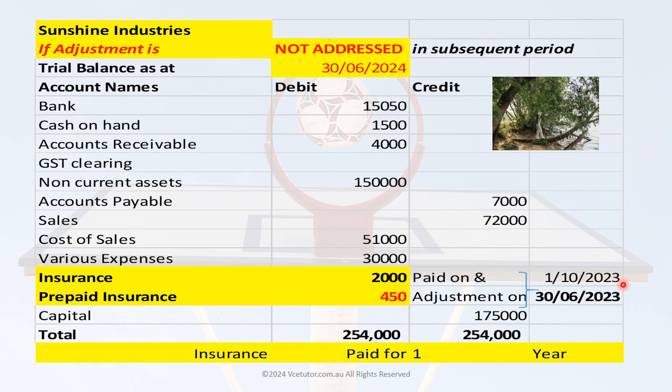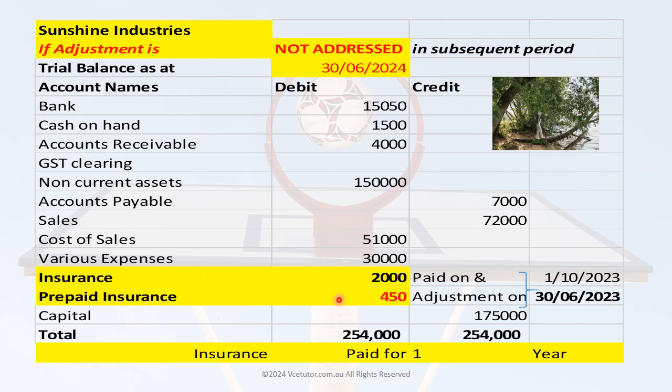If that insurance was not addressed by bookkeeper or assistant accountant, what will happen is, for the insurance, what was paid on 1/10/2023. I took the date 1/10/2023 because we took the example of 1,800 paid on 1/10/2022. 1 year ends on 1/10/2023.